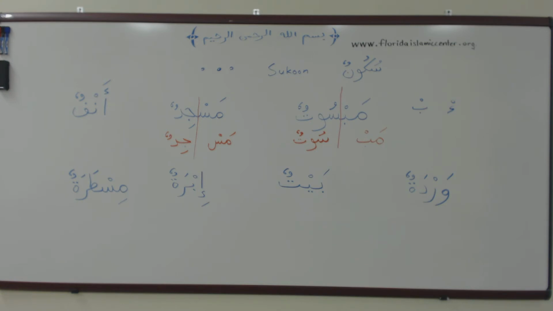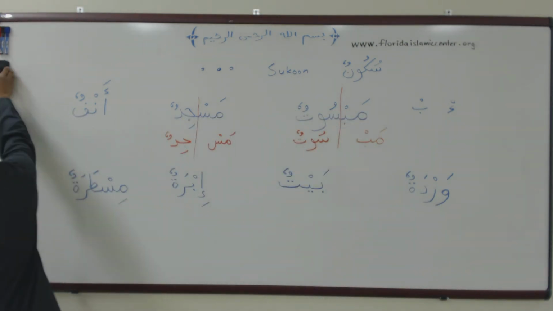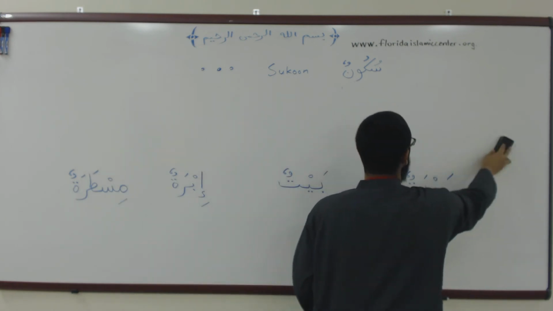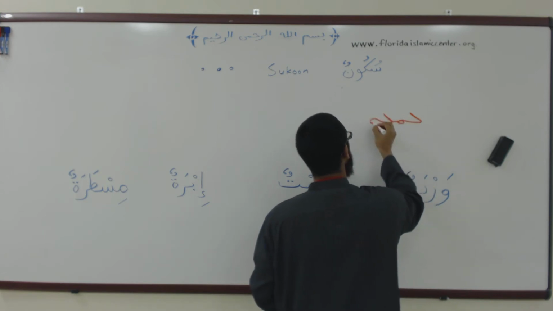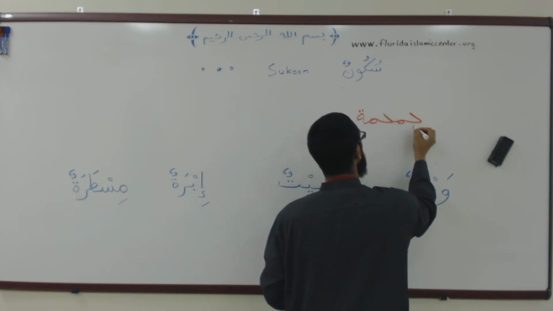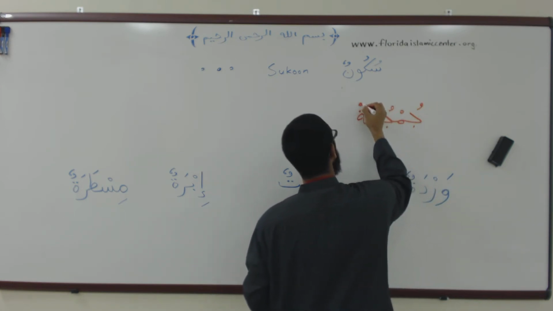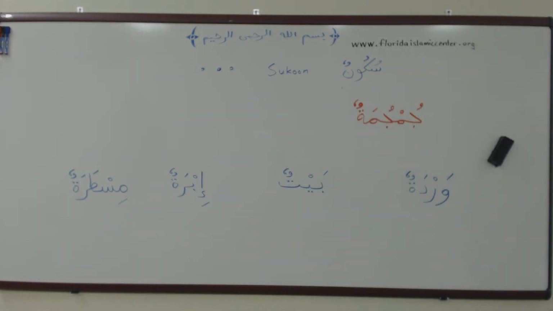Next one. We're going to learn the word for skull. Let me erase the board. Word for skull. Okay, writing in red. It should be easy for you guys. Try it. Jumjumatun.